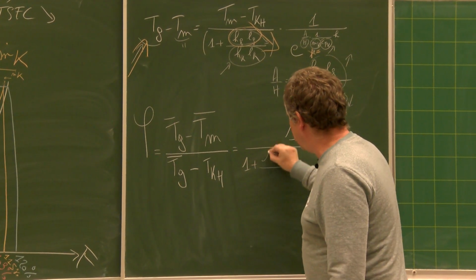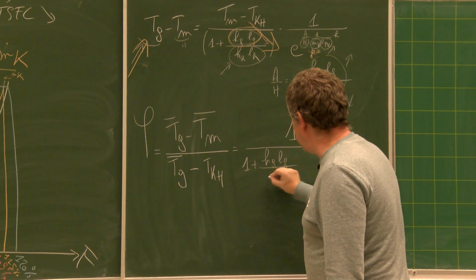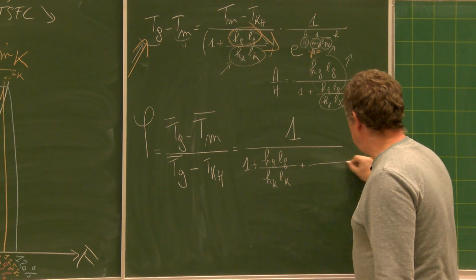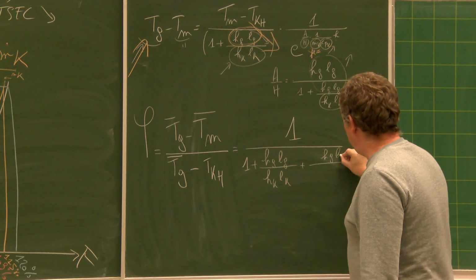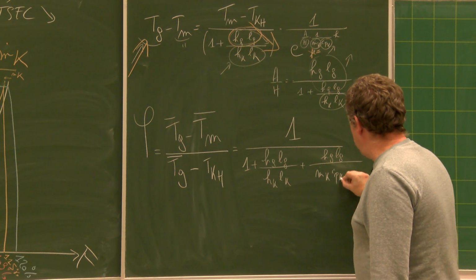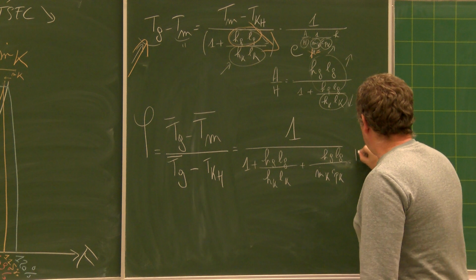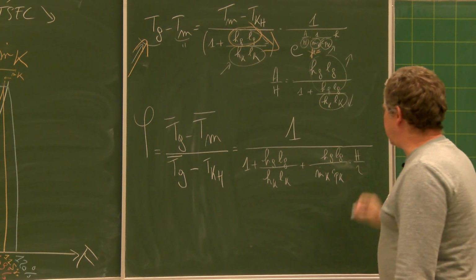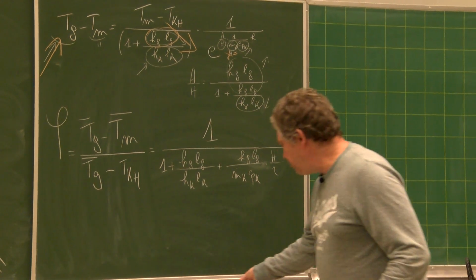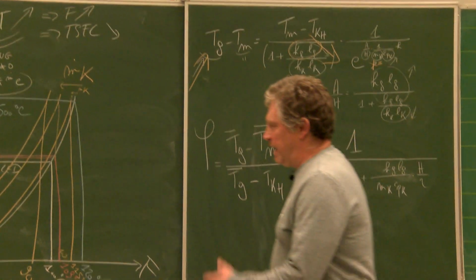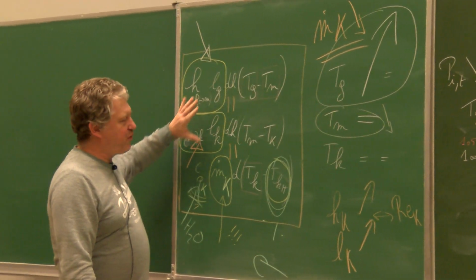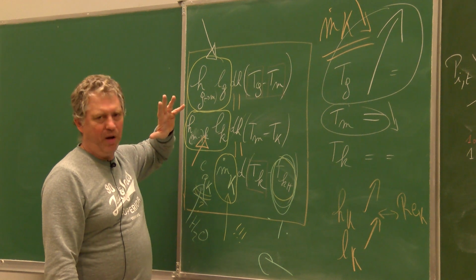1 plus Hg Lg divided by Hk Lk plus again Hg Lg divided by m dot k Cpk, and here I will have the height of the blade that is considered as the mean value. And you see that in fact these parameters that I have considered here are not really equal.